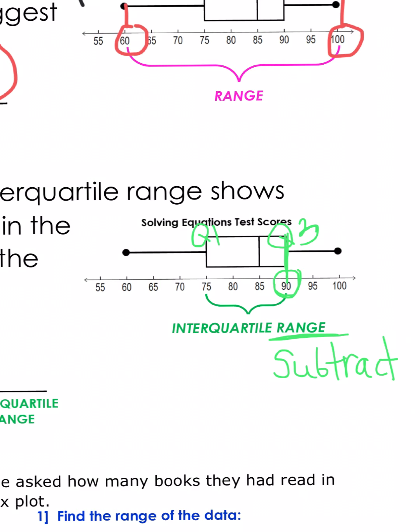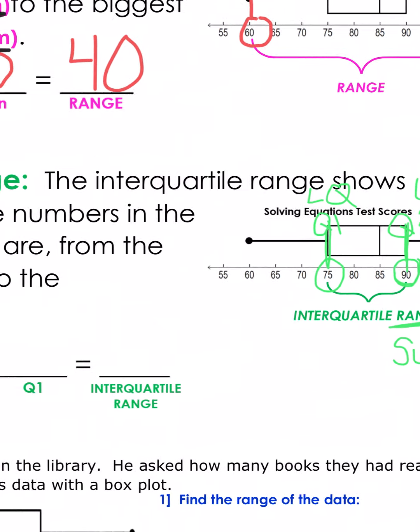Then we find our lower quartile, which is 75. The way you remember it, your lower numbers are in quartile 1, so that's how we know this is your lower quartile. And your higher numbers are going to be in the third quartile, so that's how we know this is our upper quartile. Just an easy way for you to remember it.